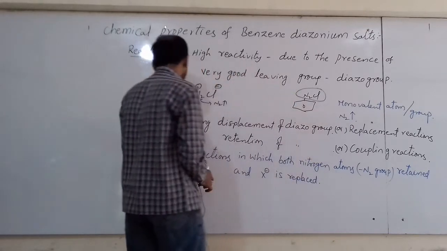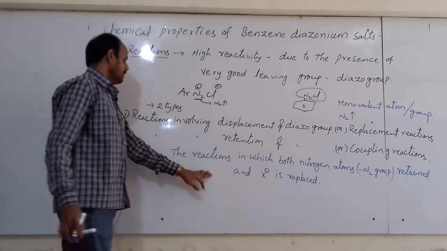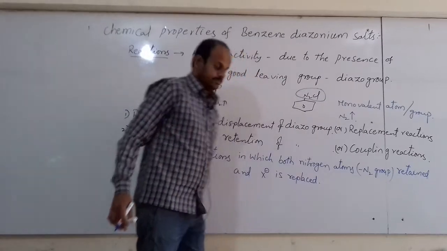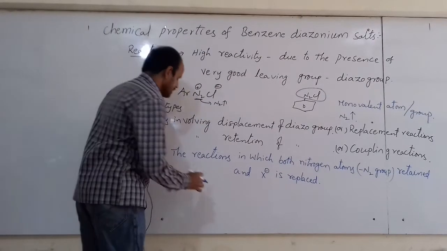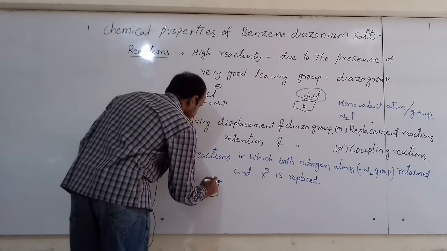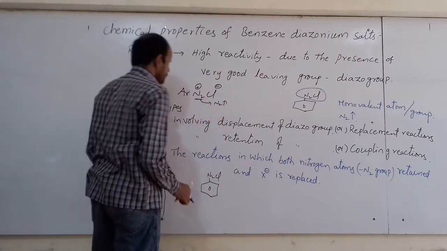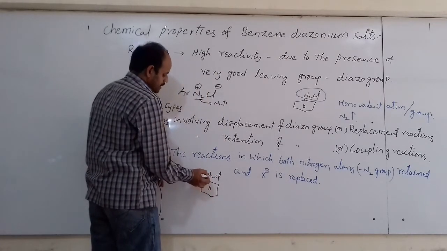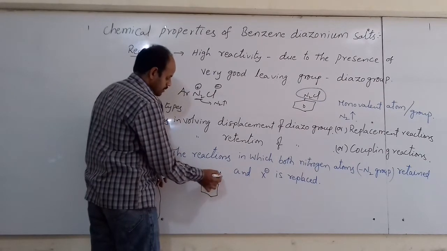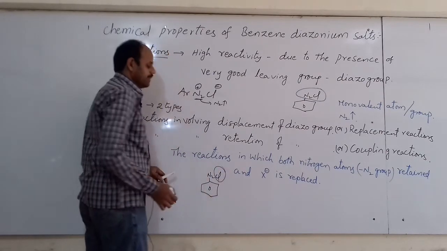Such reactions are called coupling reactions or reactions involving retention of diazo group. If you take benzene diazonium chloride N2Cl, the diazo group is present and won't be replaced, only the Cl is replaced.